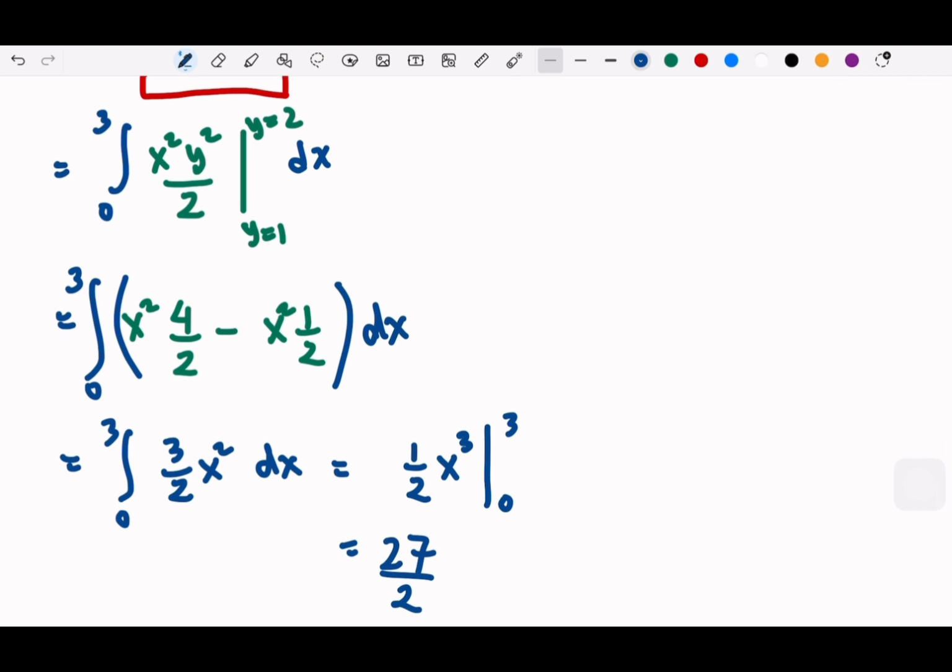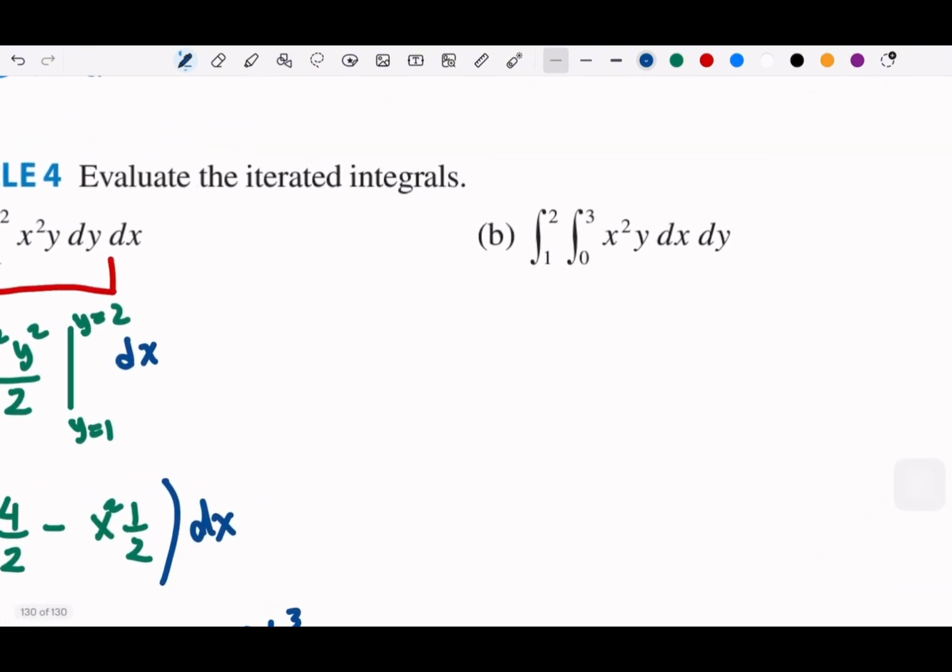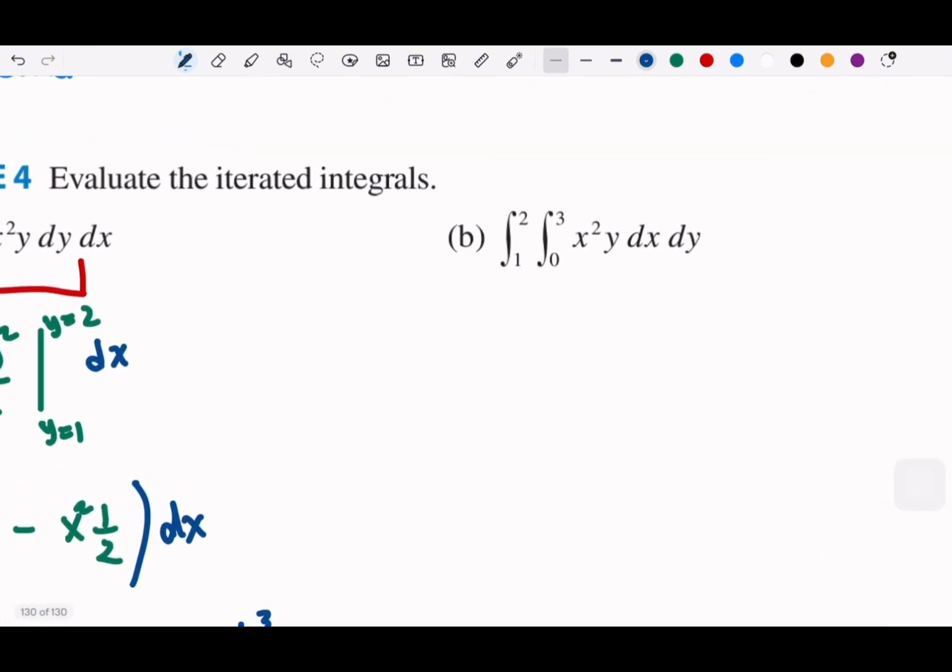Now if we change the order of the integrations, first we deal with dx. So this will be our first integration.